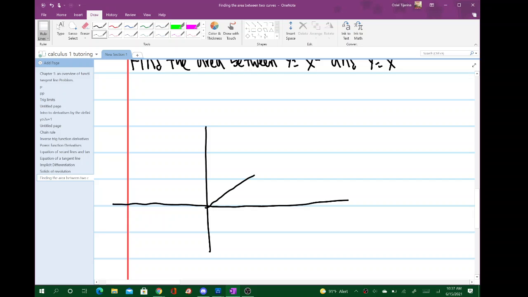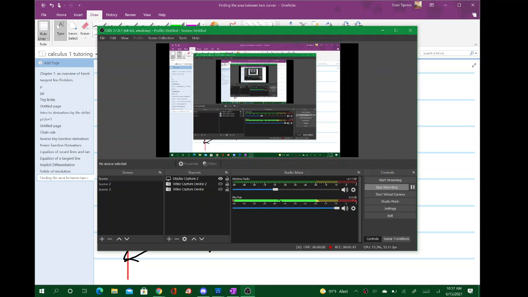So of course this would be something like y equals x, right? And then x squared would be something like this. So right here and right here is where they both meet, at 0, 0, which is the origin, and at 1, 1, right?